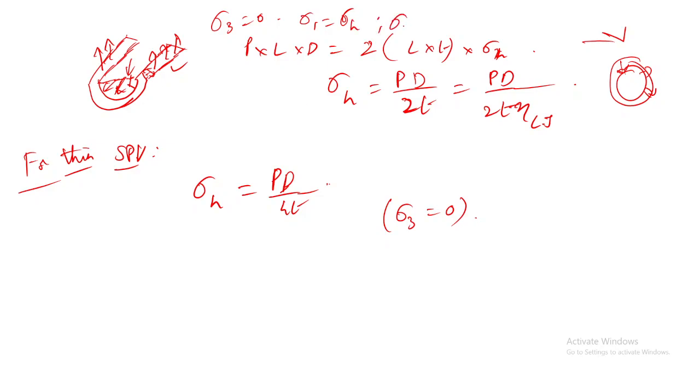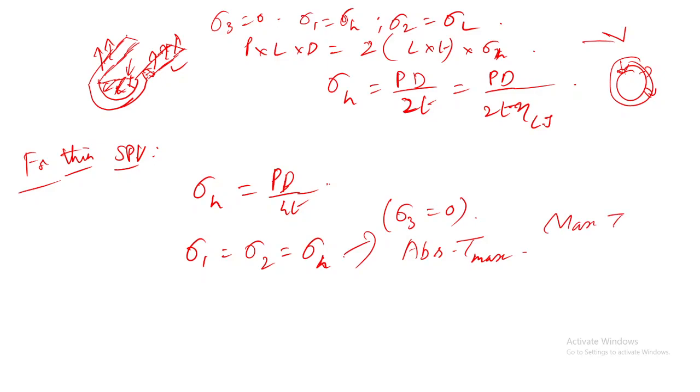Sigma 2 will be longitudinal stress, whereas circumferential stress would be the greater. So here for the sphere, sigma 1 equals sigma 2 equals sigma hoop. Based on this you can calculate the absolute tau max for cylindrical shell, or the maximum tau max in plane, something like that.